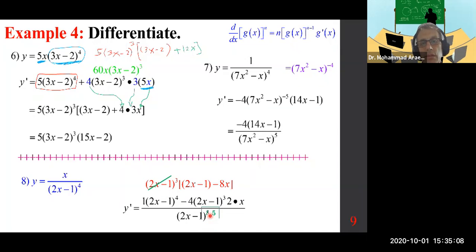Then we write it. The denominator is 2x minus 1 to the power of 5. What about the numerator? Brackets, add them up, 2x and negative 8x. They add up to negative 6x. And don't forget, there is a negative 1 there.